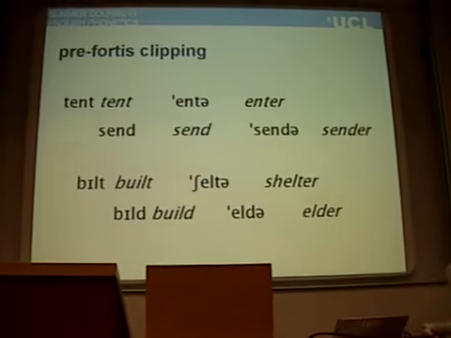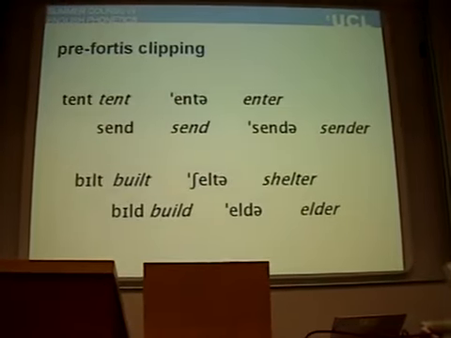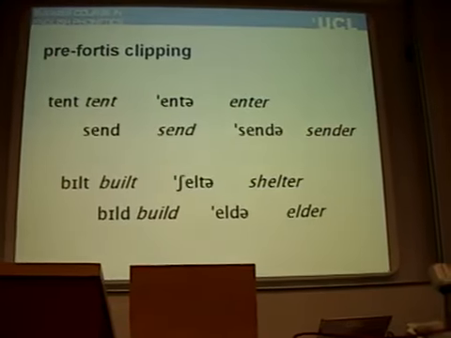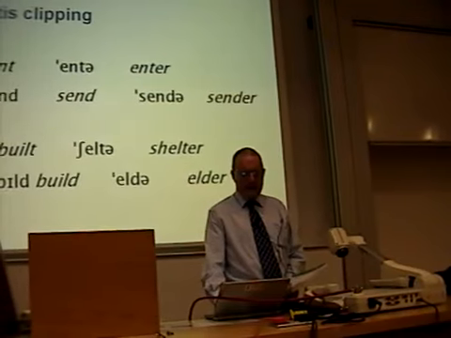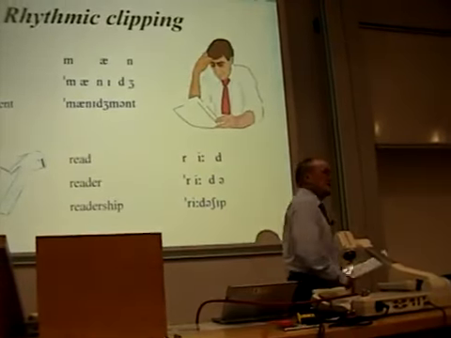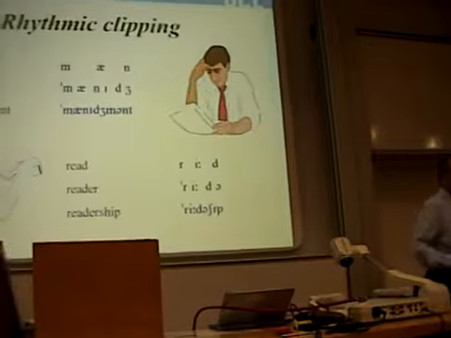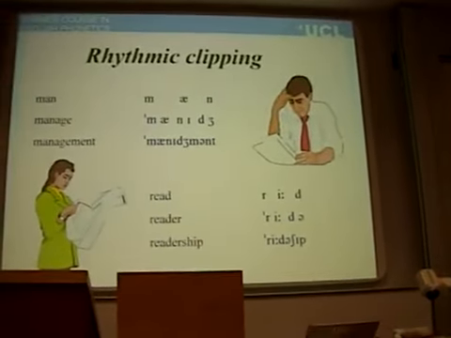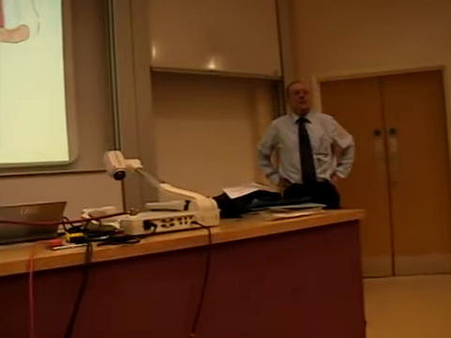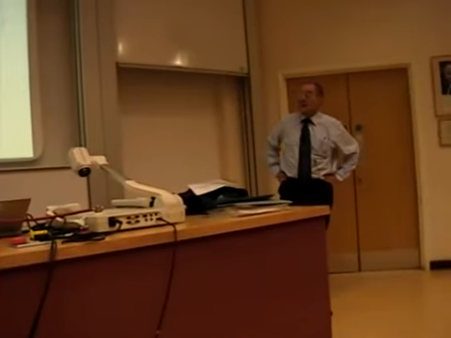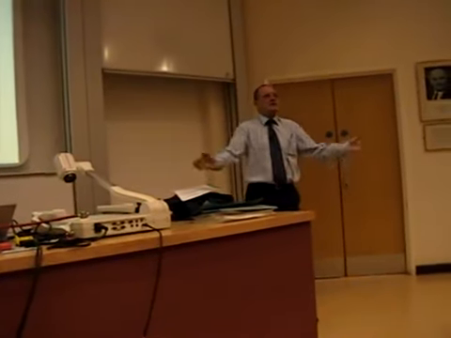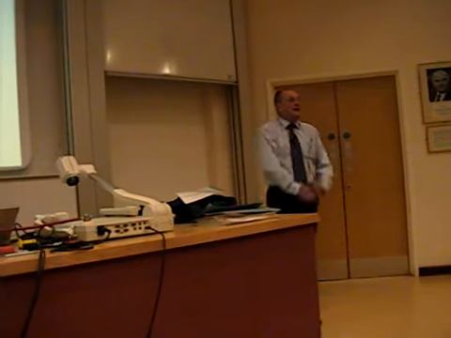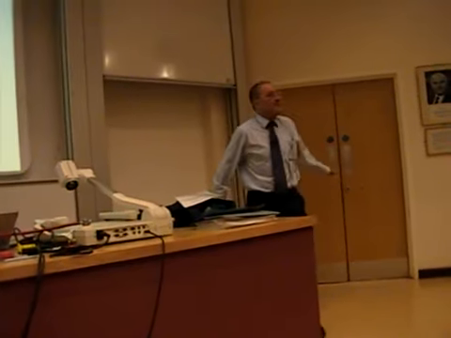Built, shelter, with pre-fortis clipping. Build, elder, without it. However, there's also another clipping rule in English. Very complicated, this, because it interacts with pre-fortis clipping. And this is what we call rhythmic clipping. This is a consequence of the tendency in English for stressed syllables to recur at equal intervals.